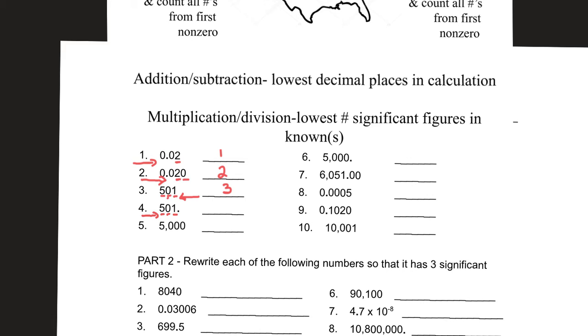Count until I run out. This would have 3 significant figures. The 5,000 we already did. Decimal is absent. I'm going to go from this direction. I don't underline anything until I get to the 5, and this had 1 significant figure.